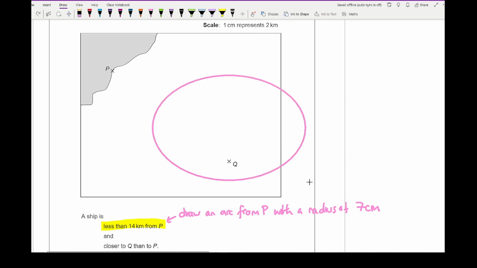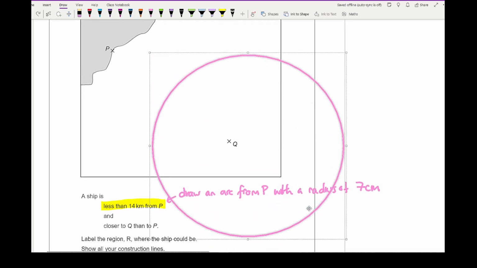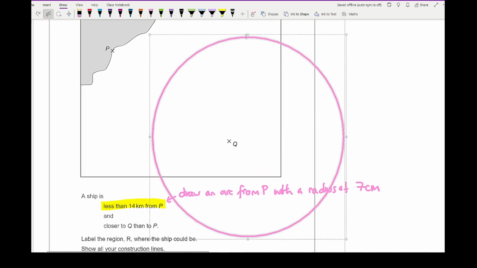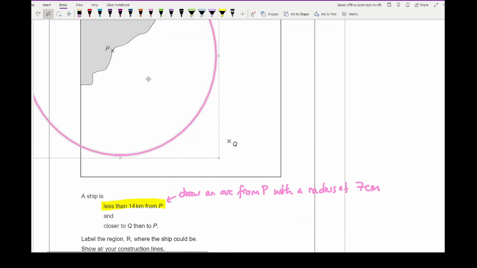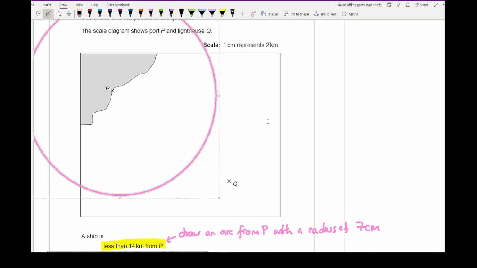If I just draw a circle as an example, and the region, let's say, is about there. Just for argument's sake, this is not accurate on the screen, I will do an accurate version of this, in which this distance here is 7 centimetres.